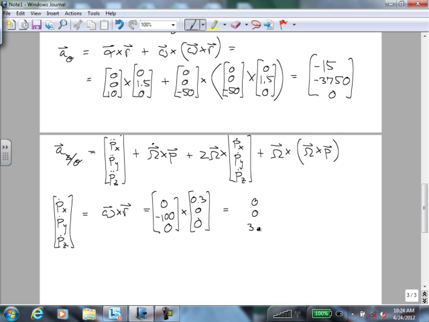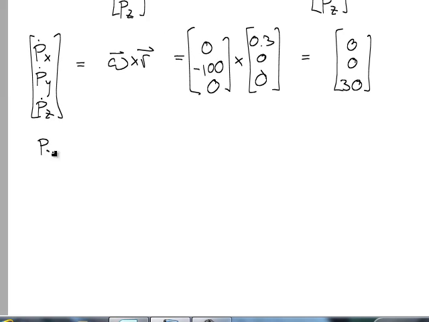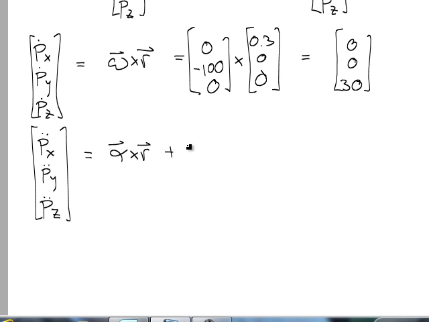And the components double dot are alpha cross r plus omega cross omega cross r. The alpha here is 0, negative 75, 0.